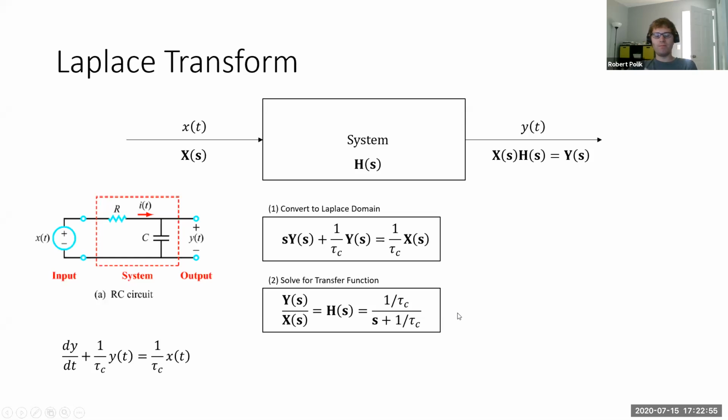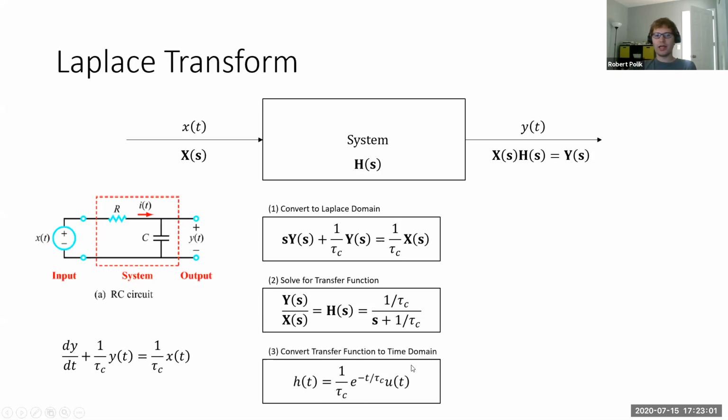And actually, we can look at our table, convert this back to the time domain, and we will get this equation right here. So does anyone recognize this equation? Any takers?